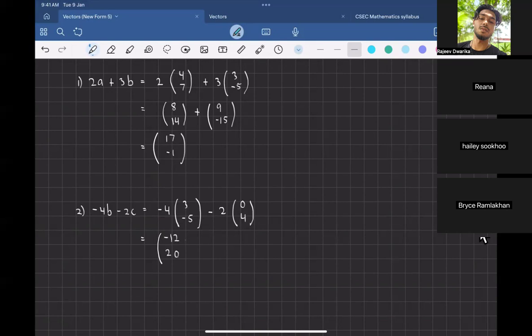Right. And Rihanna, we're not multiplying the minus 2 by the 0 and the 4. You're only multiplying the 2. Handle the minus after. So Rihanna, where's 2 by 0? 0. Where's 2 by 4? 8.